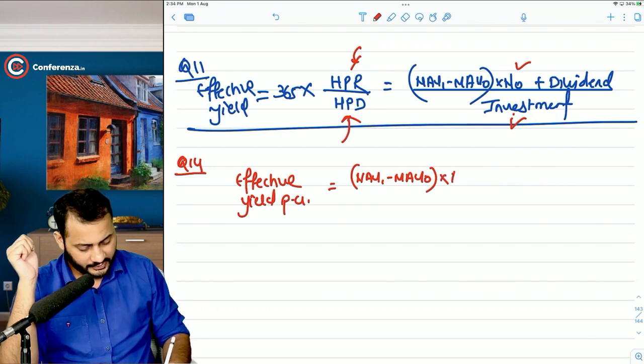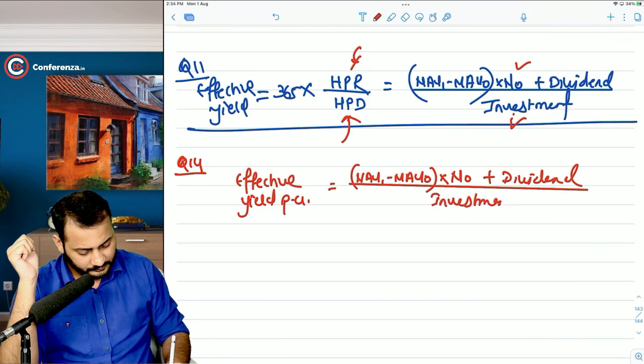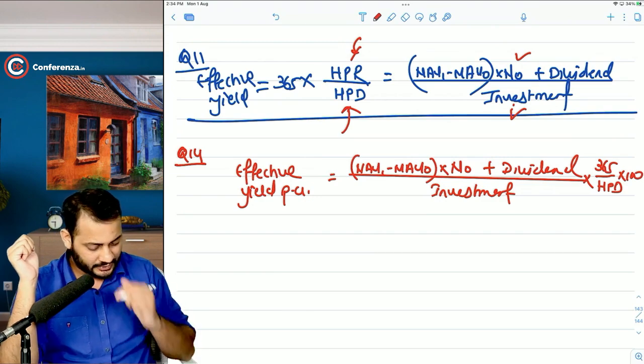We can multiply N0 with this plus dividend divided by investment. This is holding period return divided by holding period days. That's what we have to calculate. 365 into 100.